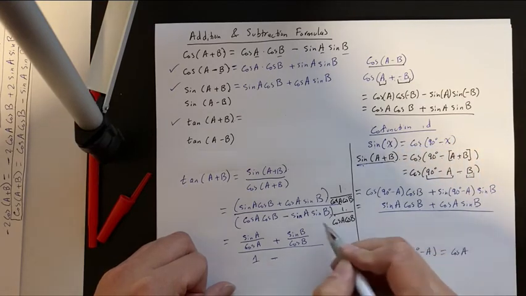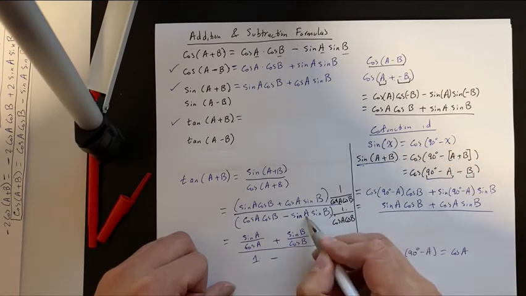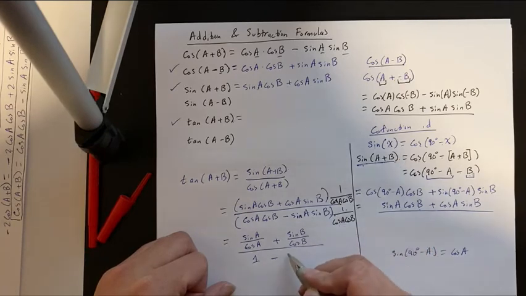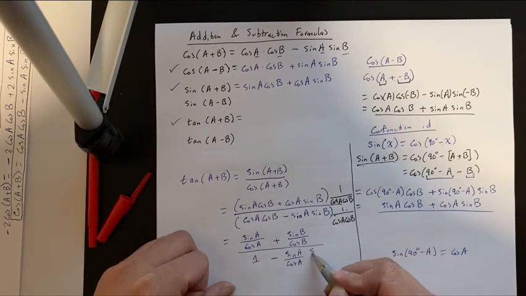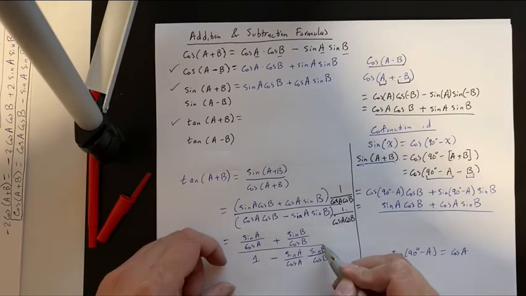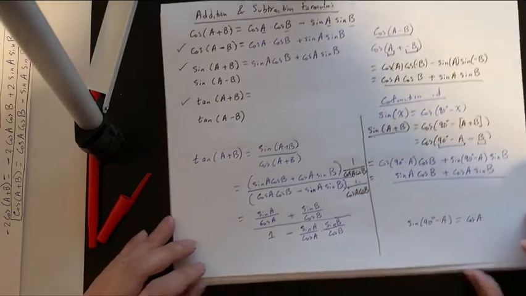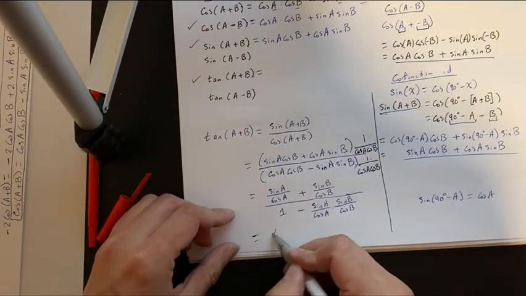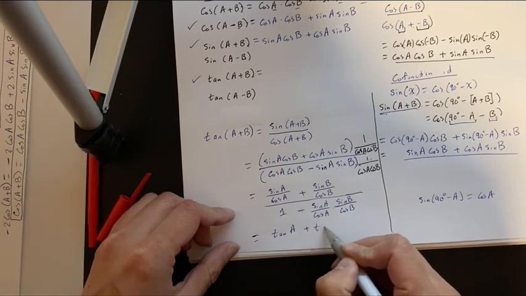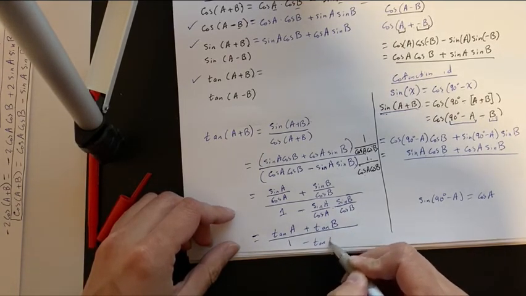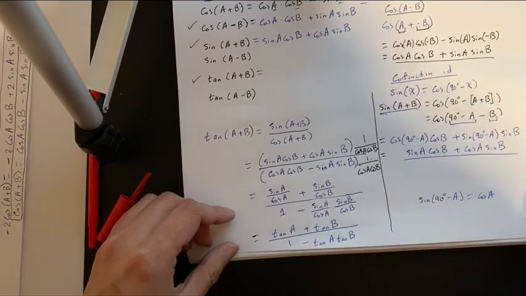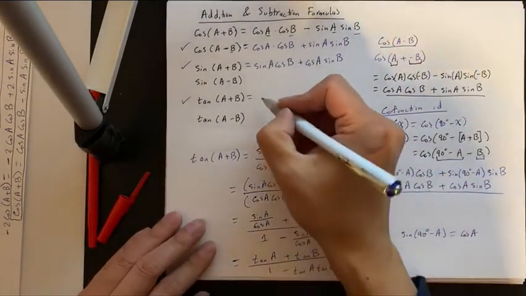Yeah, but what's great is that you can match up the sine A with cosine A, sine B with the cosine B. You can separate into two separate fractions, and they all become tangent. So it will just be tangent A plus tangent B over 1 minus tangent A, tangent B, and that's going to be this formula.